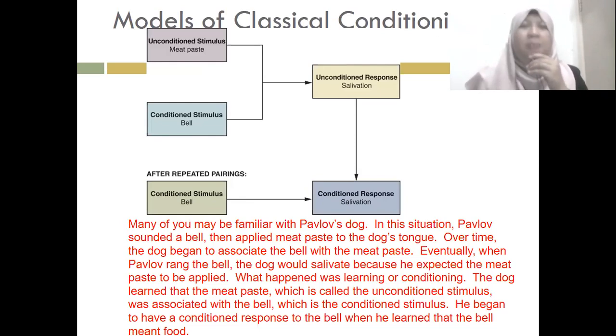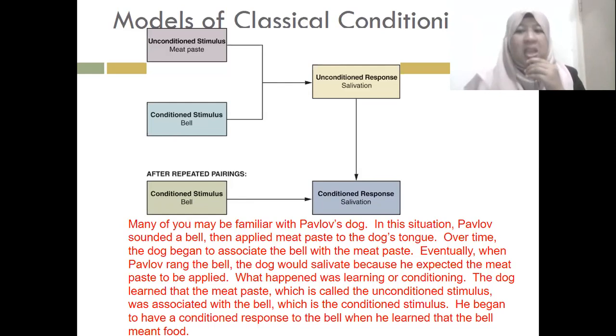After repeated pairings, the conditioned stimulus, the bell, keeps ringing, and the dog will salivate. This is the circumstance with the dog. Many of you will be familiar with Pavlov's dog.